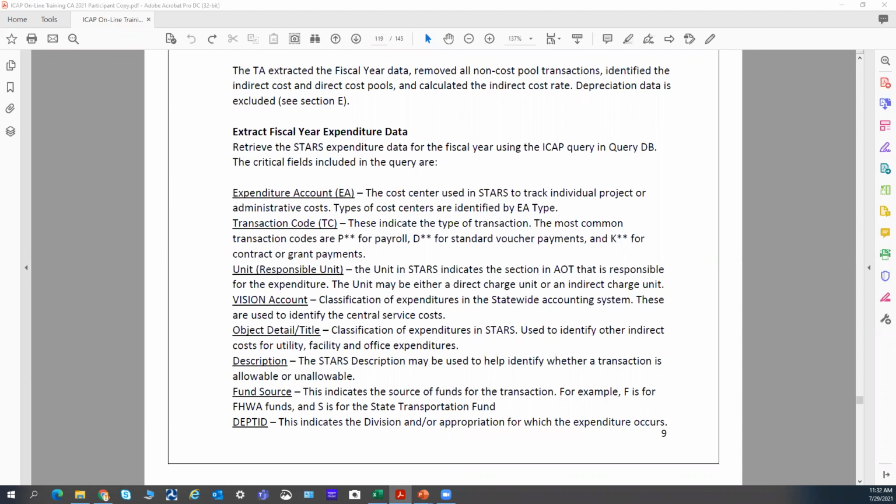What's important about this example, more important than the actual indirect cost pools for their organization of transportation or the project construction or all the stuff that a transportation agency would do, the most important thing is the requirements that are outlined within the document.